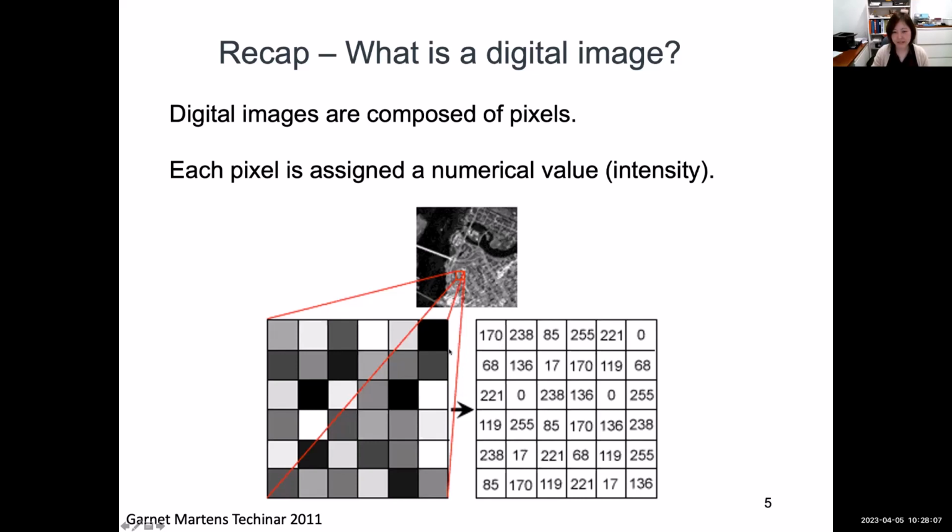Look at the top right corner: the black pixel's intensity value is 0, and the white pixel has the intensity value 255. This image is 8-bit grayscale, which has 256 pixel intensities, 0 to 255.